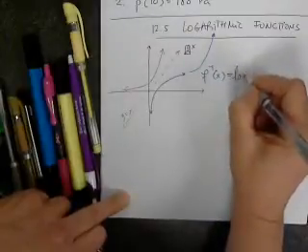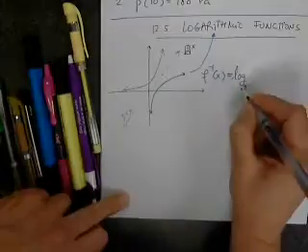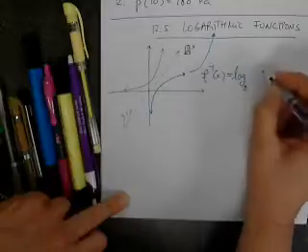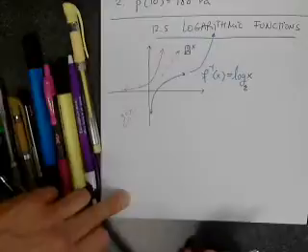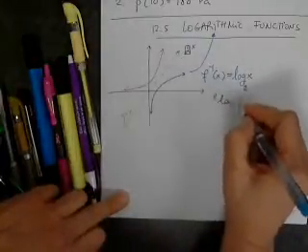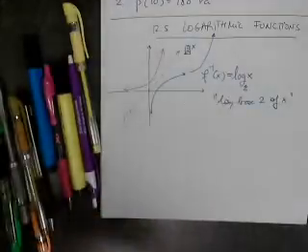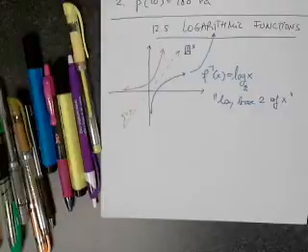It's L-O-G, log, base 2. The 2 is low, it's a subscript, right? It's not next to it. Log base 2 of x. And I'll explain how the mechanism works and how the function works in a minute.